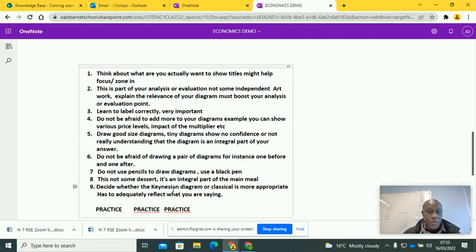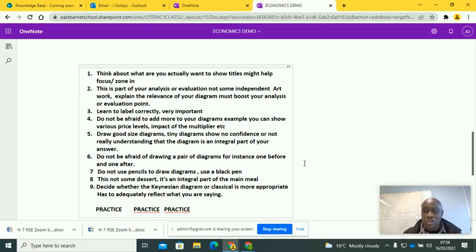Very important. Again, this is not like some dessert. It's an integral part of the main meal. You know how it is when you're in a restaurant and you've had your starter, you've had your main meal, and you're full, and someone says, do you actually want a dessert or something like that? You don't want one. You just say, oh, go on, I'll share it with you.